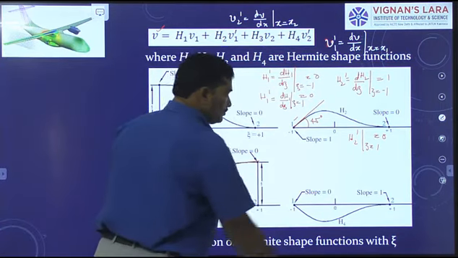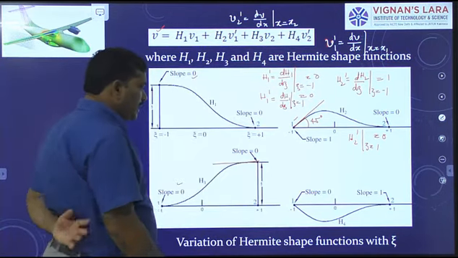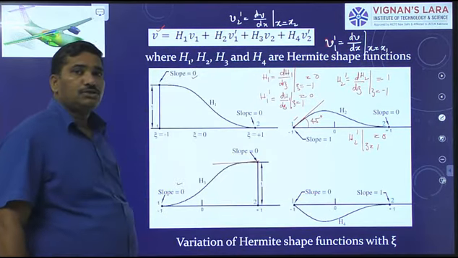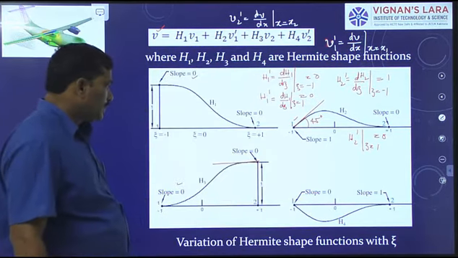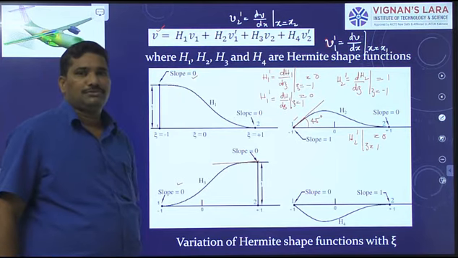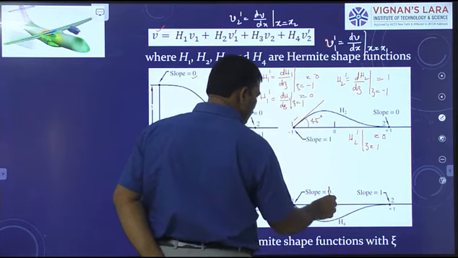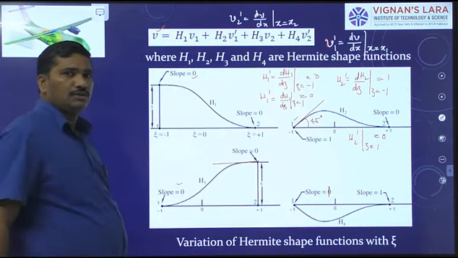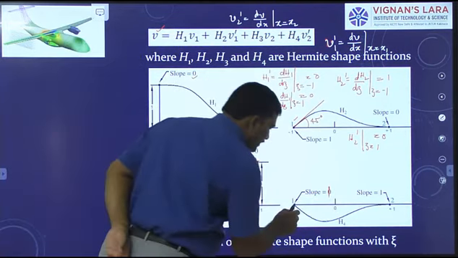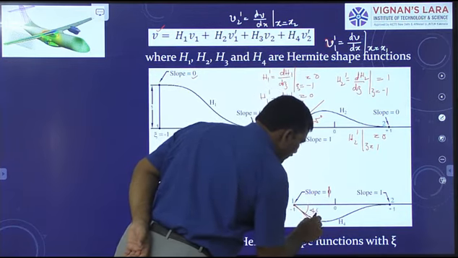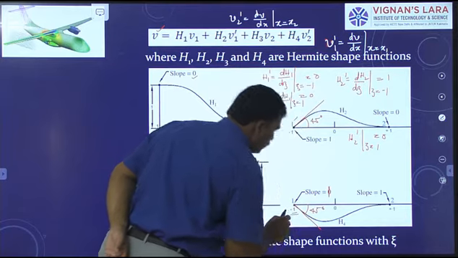Next, H4. At j equal to minus 1, H4 is 0. And the slope here is unity, not 0. Right? Because if you draw a tangent, it makes 45 degrees clockwise, hence you get minus 1 slope.